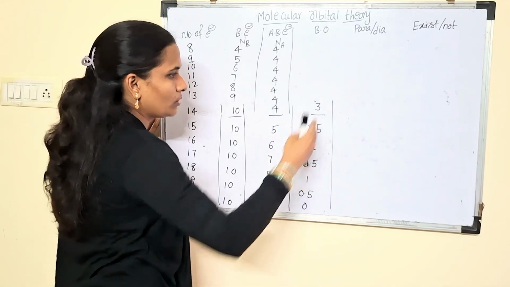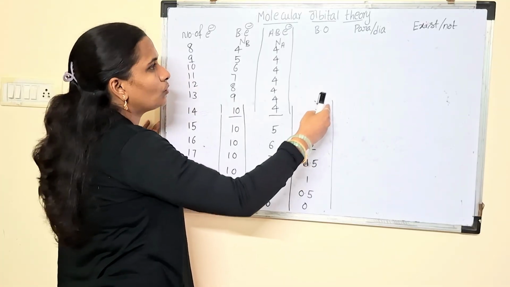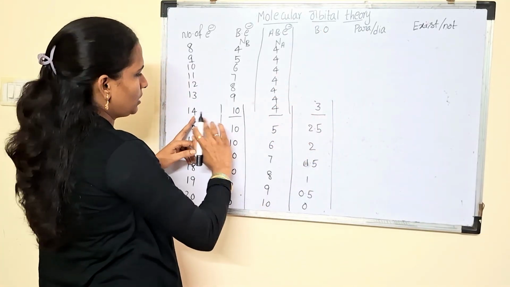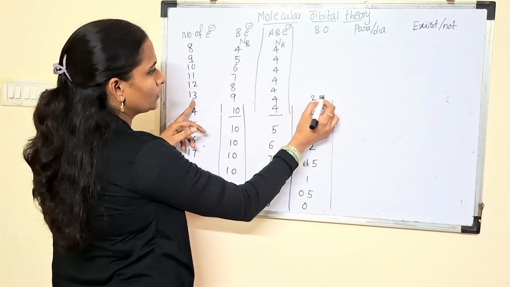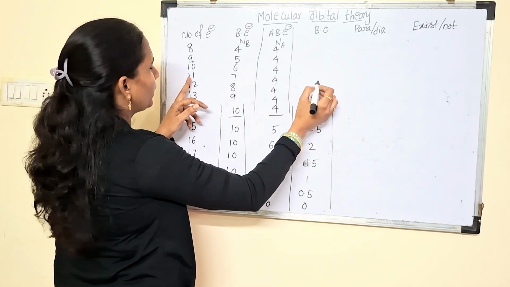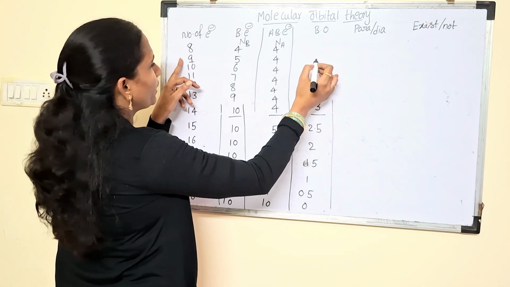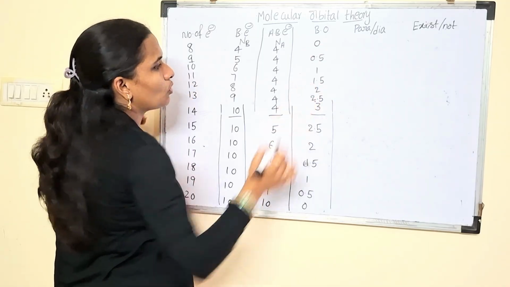Now bond order: from 14 to 20 it decreases by 0.5, and the same from 14 down to 8, decreasing by 0.5 only. So for 14 electrons bond order is 3, then 13 electrons 2.5, 12 electrons 2, 11 electrons 1.5, 10 electrons 1, 9 electrons 0.5, and for 8 electrons the bond order is 0.